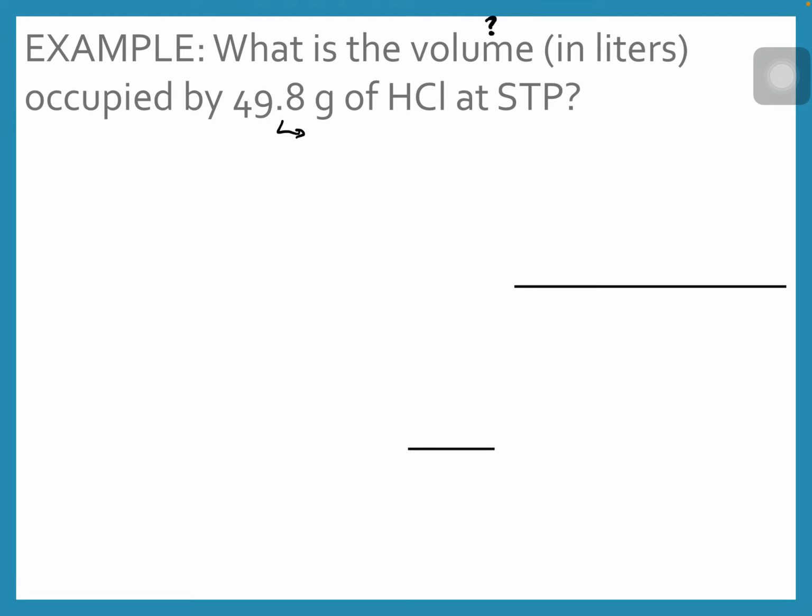We have a mass, which we can convert to a number of moles, and STP gives us our temperature and our pressure, which can be either 1 atmosphere or 101.3 kilopascals, and then the R value we use would depend on which one of these we use. So either 0.08206, and 8.314 if we're using kilopascals.